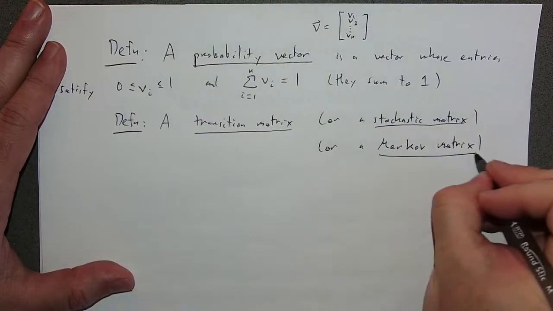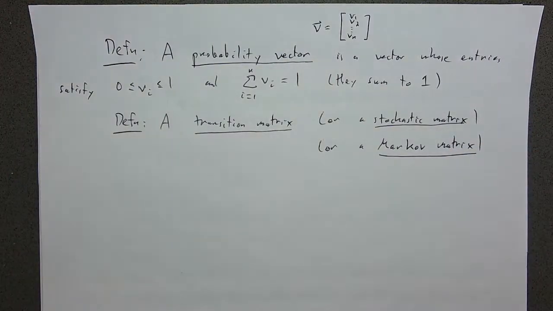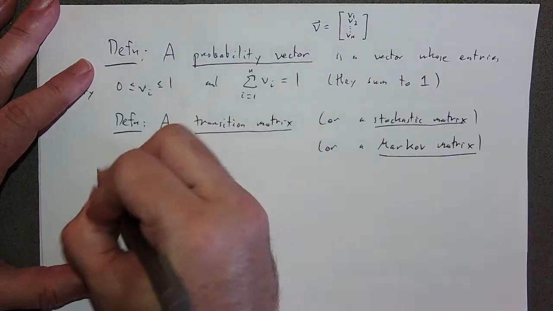Now, we called this entire discussion Markov chains, but I haven't actually used the expression Markov chain or described what a Markov chain is yet. Don't worry, we're getting there. So a transition matrix, or stochastic matrix, or Markov matrix is a matrix in which each column is a probability vector.